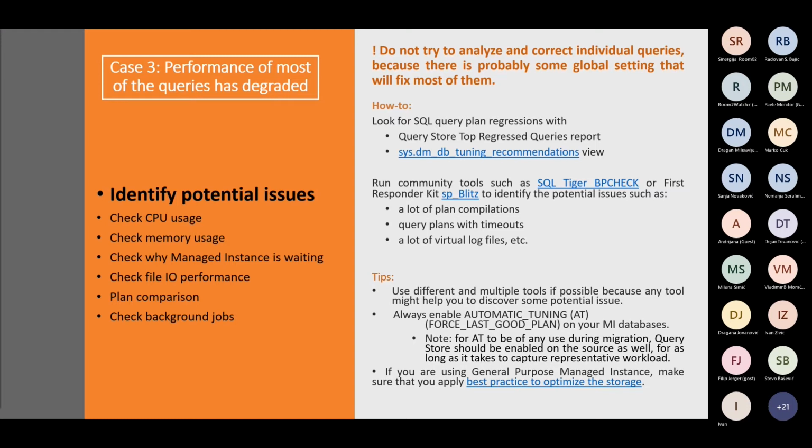We are also recommending to always enable automatic tuning or force last good plan on your managed instance. And if you're using general purpose managed instance, make sure that you apply best practices to optimize storage. We'll dive into this later. All in all, try to resolve as many issues as possible before continuing the investigation and rerunning performance tests.